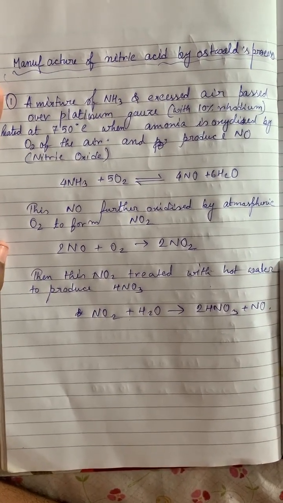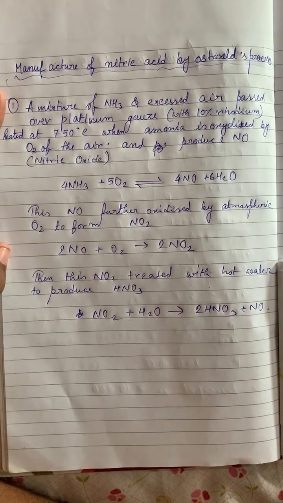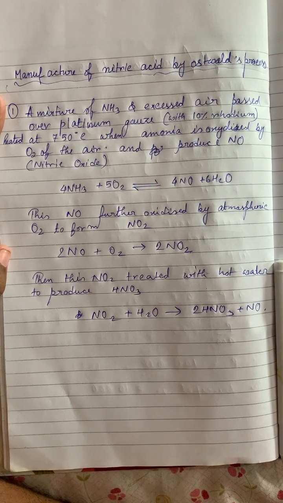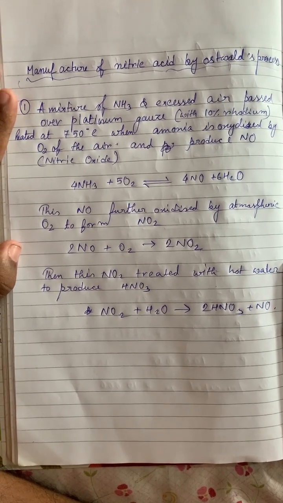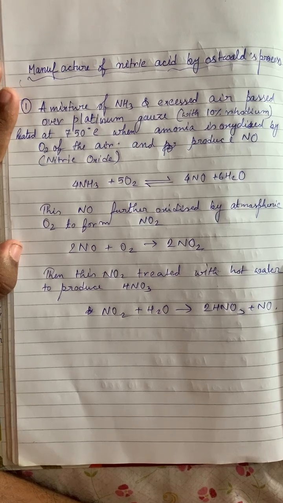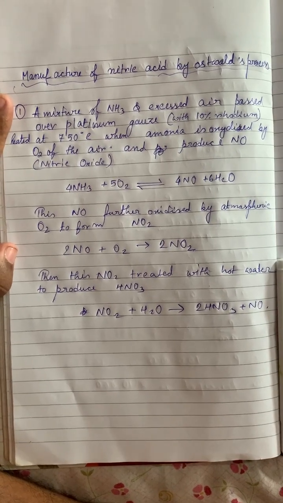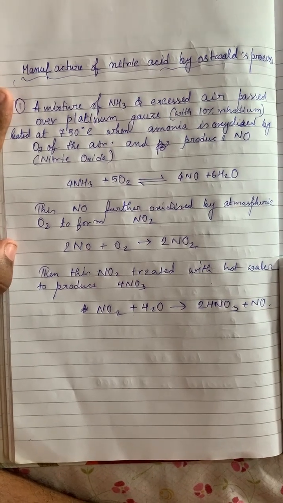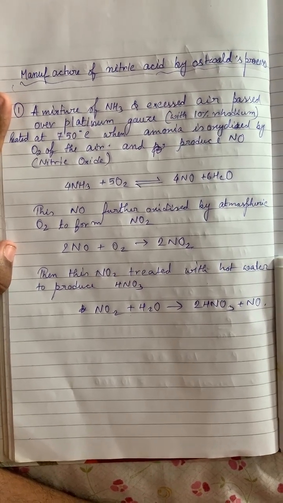So at 750 degrees Celsius, when ammonia is passed over a platinum gauge with excess air, normal air, then this ammonia is oxidized by the oxygen of the air and produces nitric oxide.